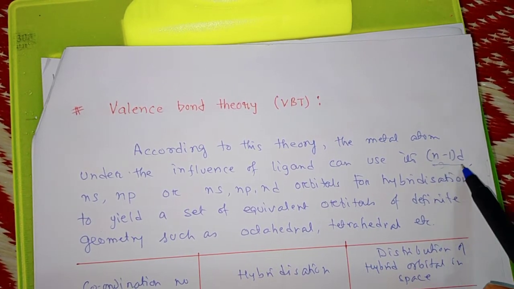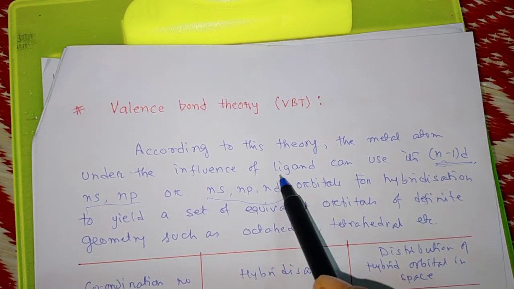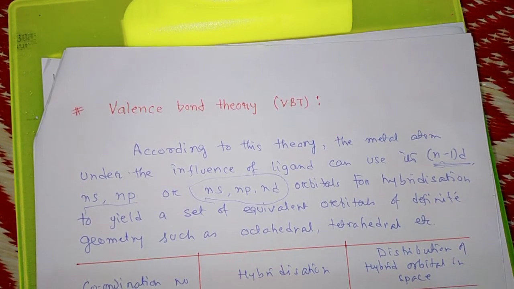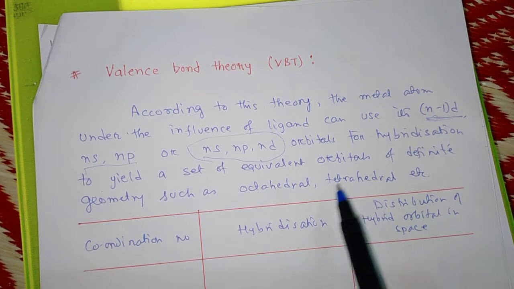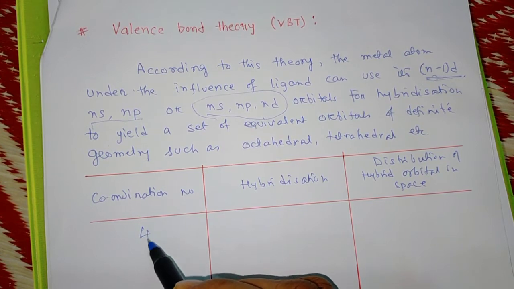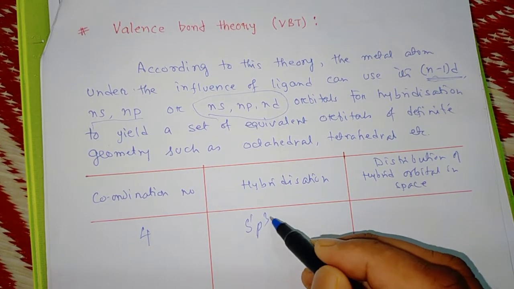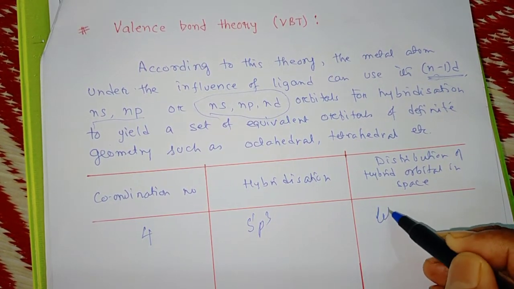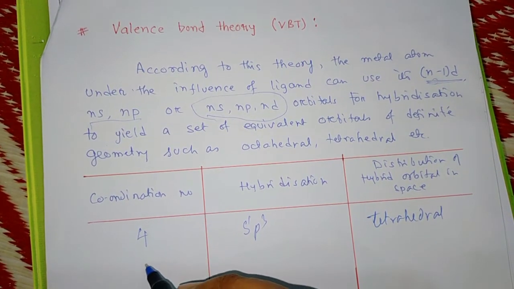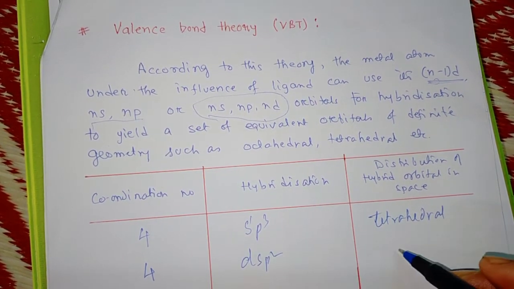They can use either (n-1)d, ns, np orbitals, or ns, np, nd orbitals for hybridization to yield a set of equivalent orbitals. Now if the coordination number is 4, the hybridization may be sp3, 1 plus 3, 4, and the geometry will be tetrahedral. For coordination number 4, it can also be dsp2.